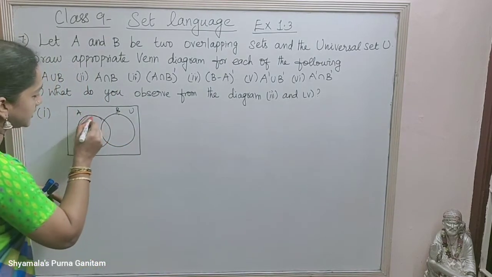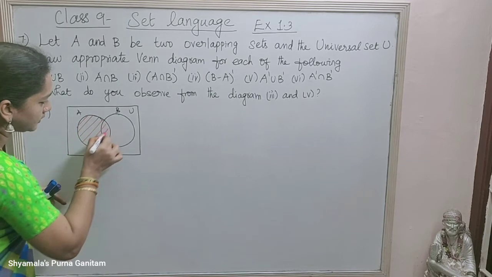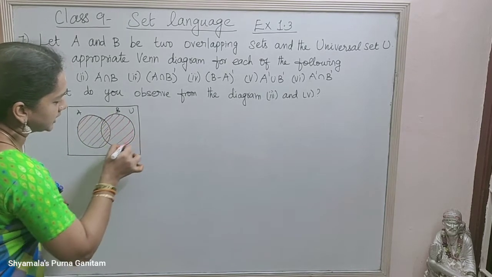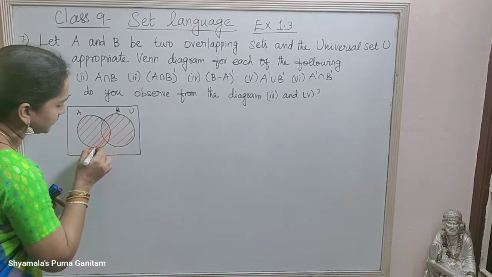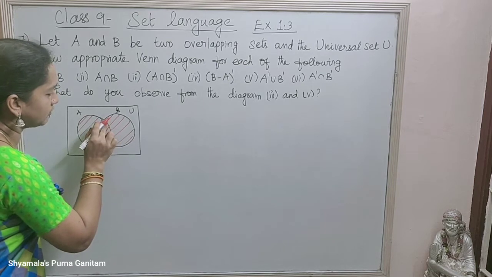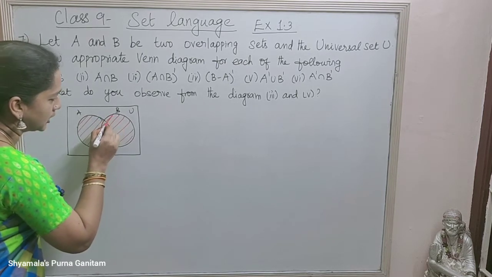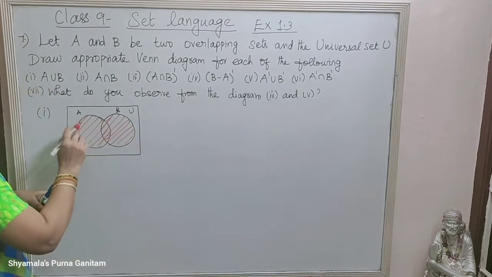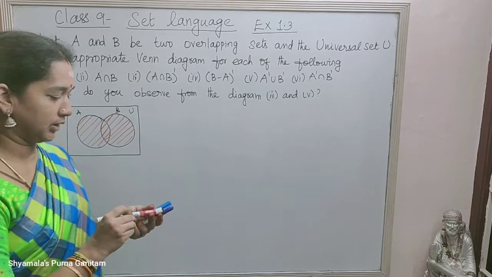So this is A, then this one is B. Since we write the intersection only one time, the shading will be like this. That intersection we won't write one more time. So this is A union B, first one.